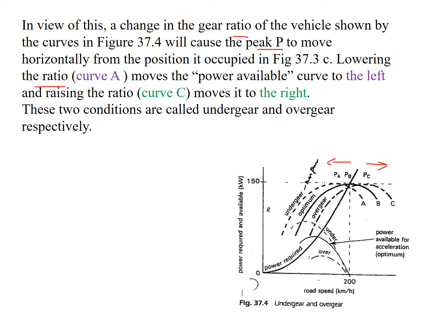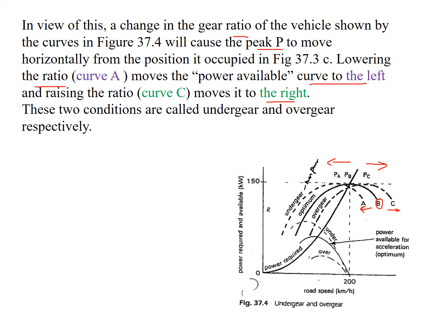If you lower the ratio, curve B will move to curve A, that is, power available moves to the left. If you raise the ratio, curve B will move to curve C, to the right.